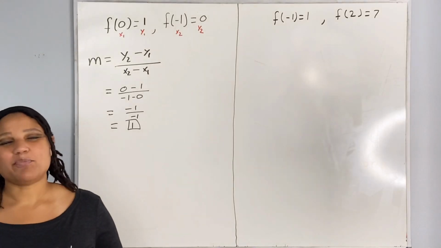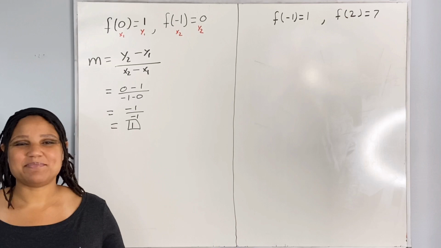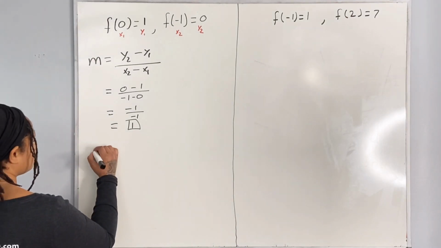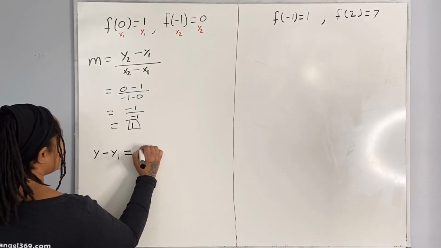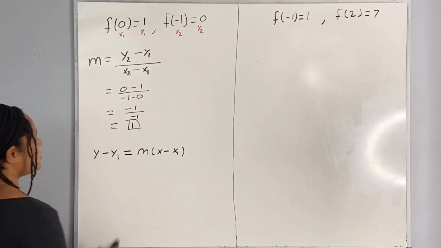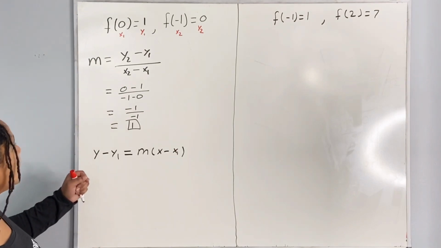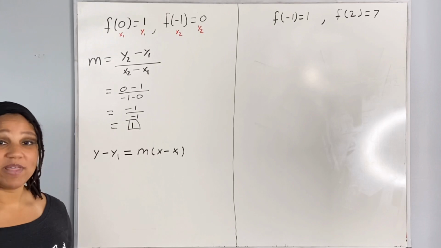Now we want to use the point slope formula to get it into the slope intercept form. So the point slope formula is y minus y1 is equal to m times x minus x1. So we leave x and y as is, and we plug in y1 and x1 and also our slope that we just found.